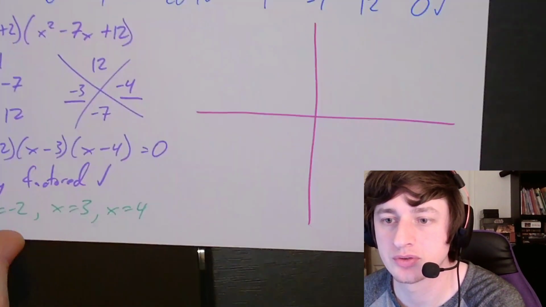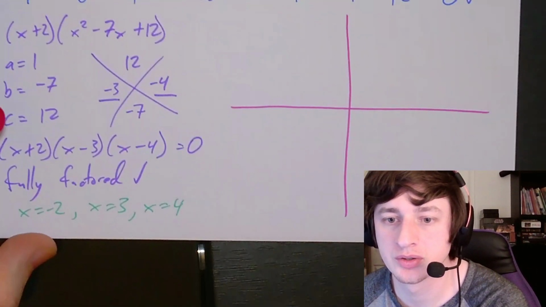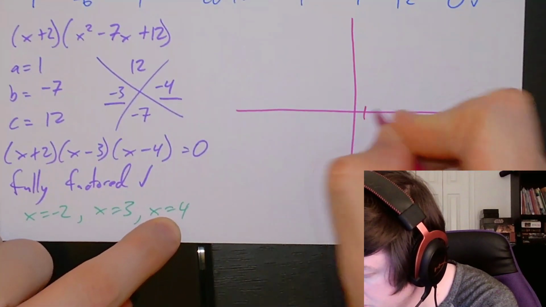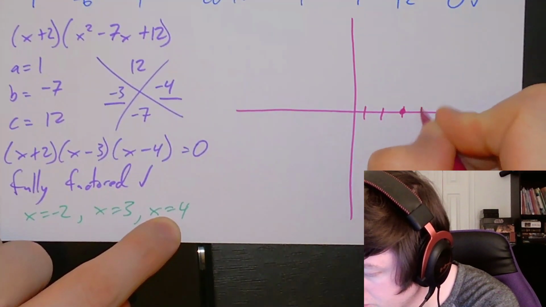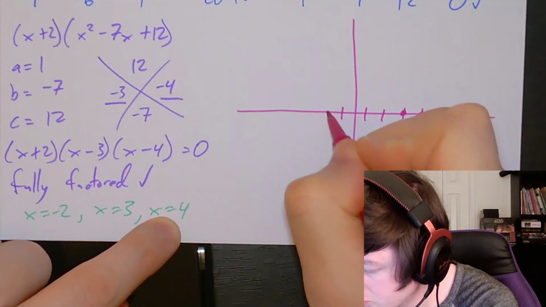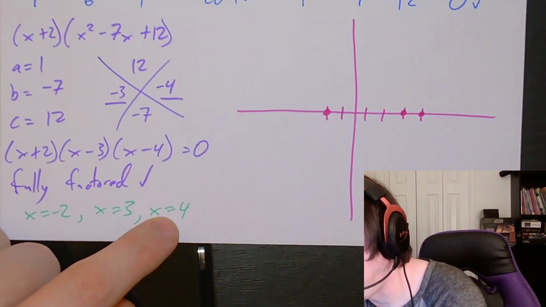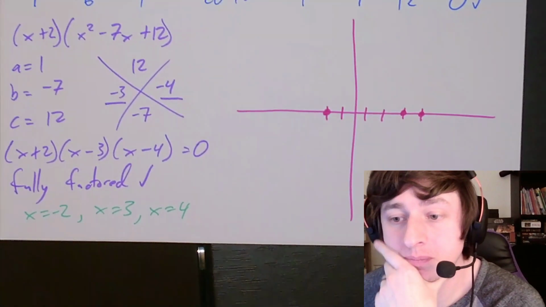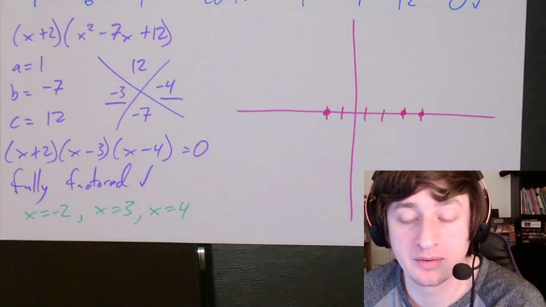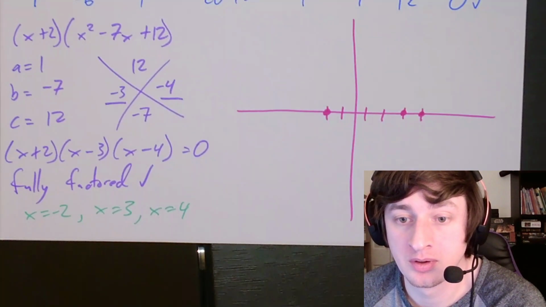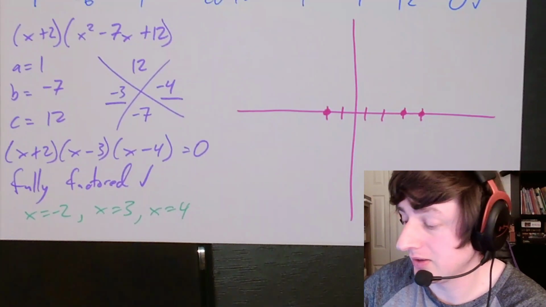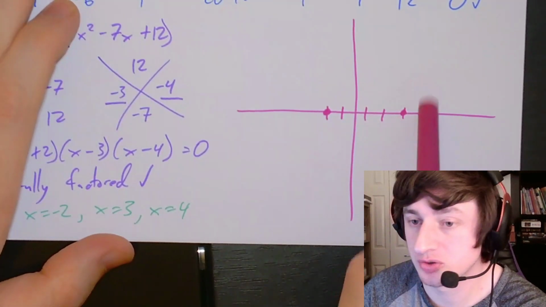Thought I was going to have to do this on another page. So we got negative 2, we got 3 and 4. So 1, 2, 3, 4, and negative 2. Now remember, we don't care about how high the valleys and peaks go between these points.